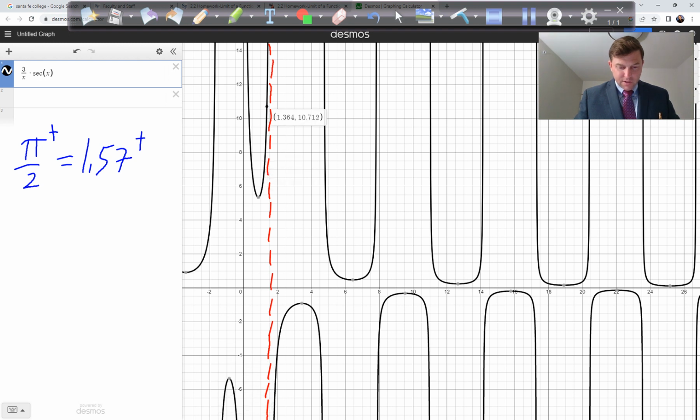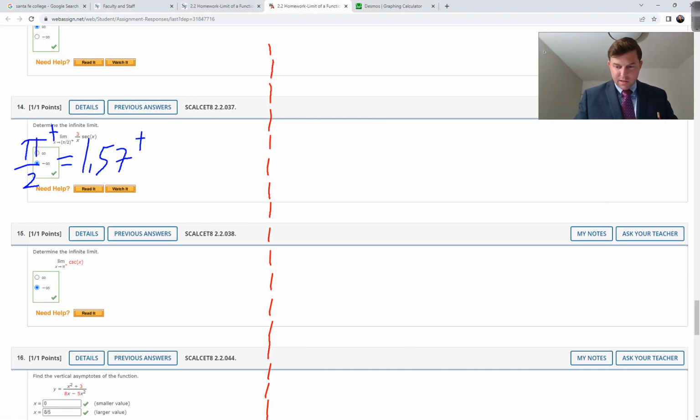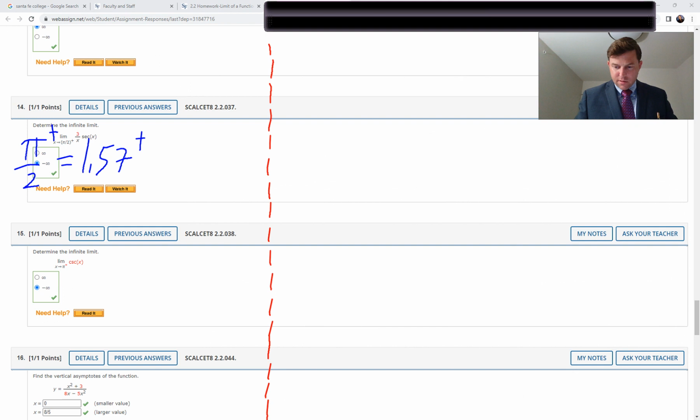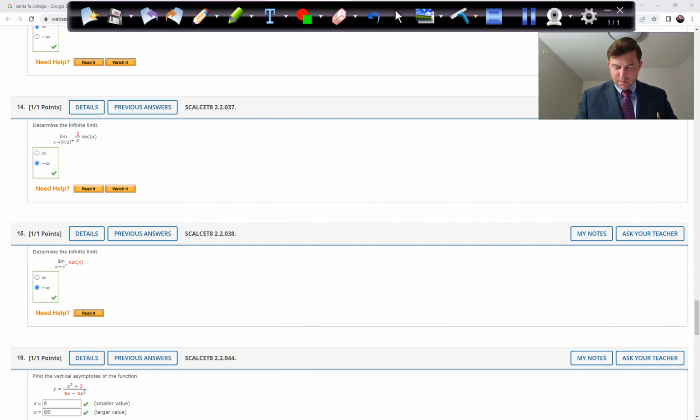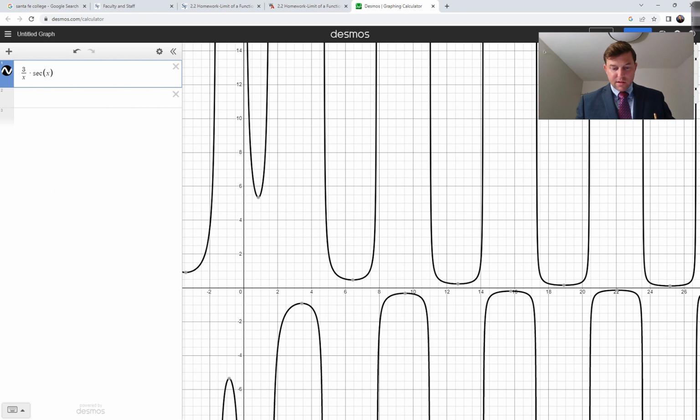From the left side, they're going positive. So from the right, we have negative infinity. So I picked negative infinity for that.